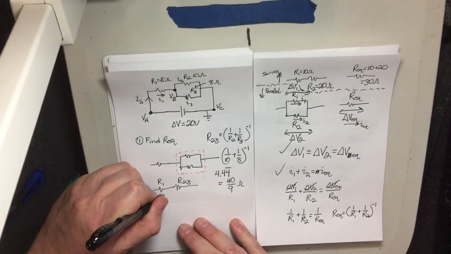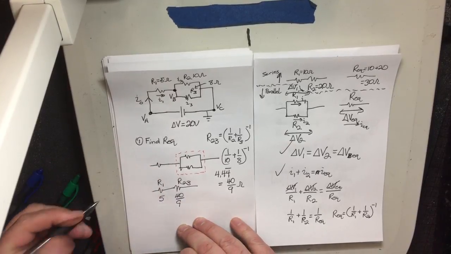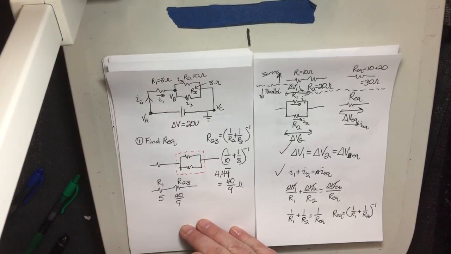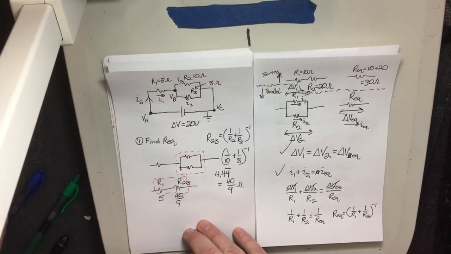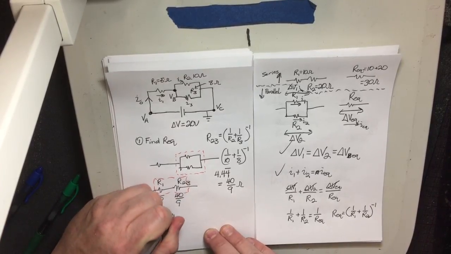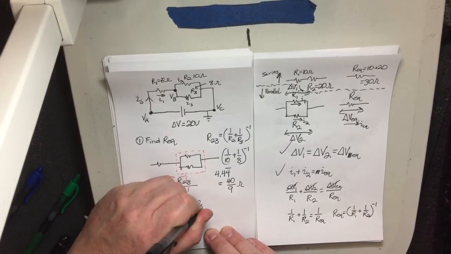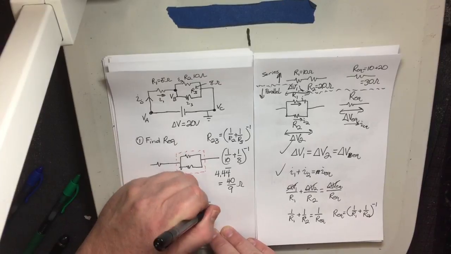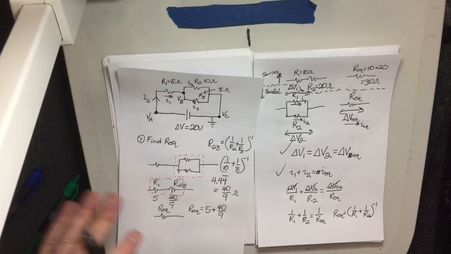So I have a 5 ohm resistor and a 40/9 ohm resistor. They are in series, so I smoosh it down. I get REQ, and REQ is 5 plus 40/9.